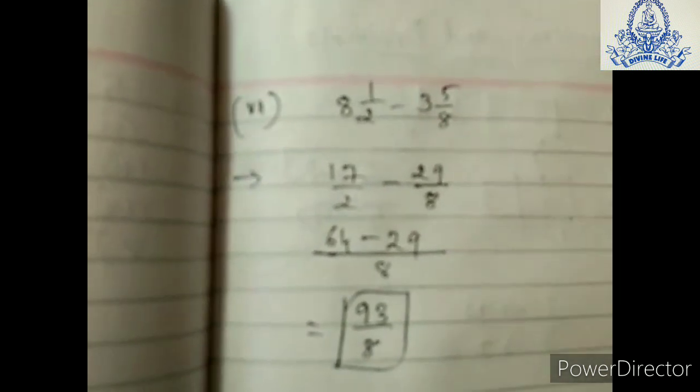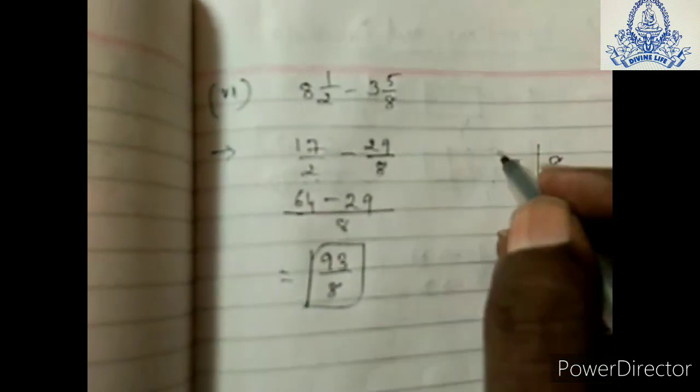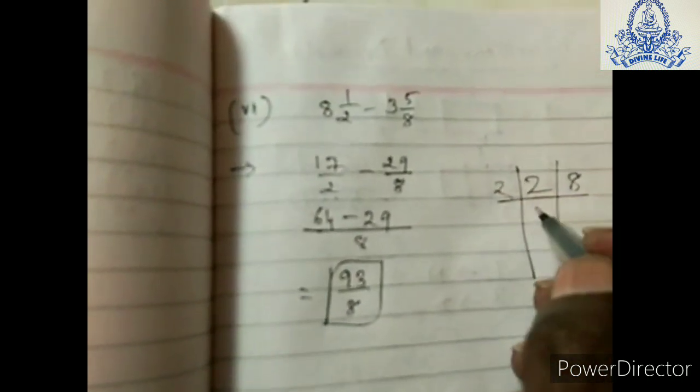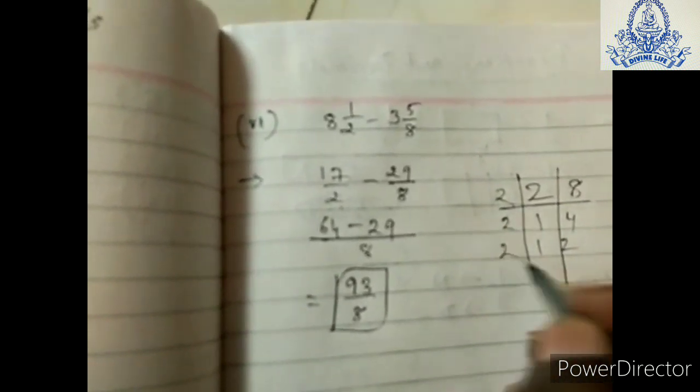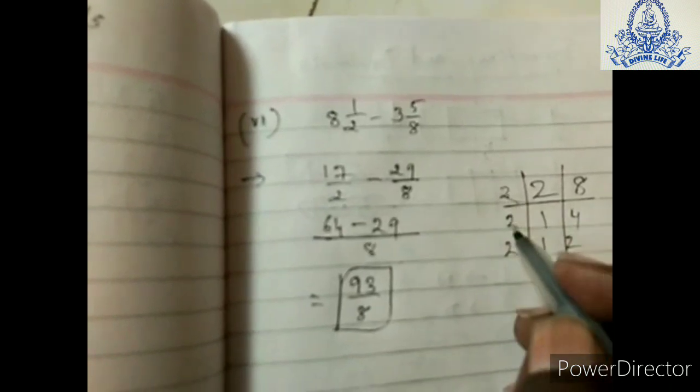Now the next is the 7th sum. 8 1 upon 2 minus 3 5 upon 8, they have given. 8 2s are 16 plus 1 is 17 upon 2, and 8 3s are 24 plus 5 is 29 upon 8. Now 2 and 8, if we are taking the LCM, suppose 2 1s, 2 2s are 4, 2 4s are 8.